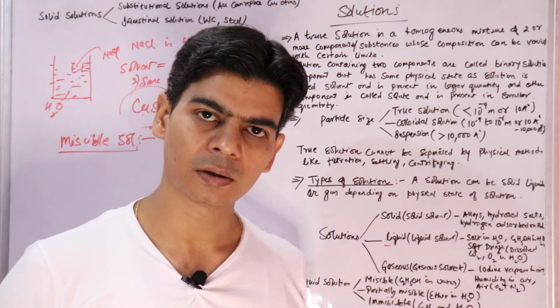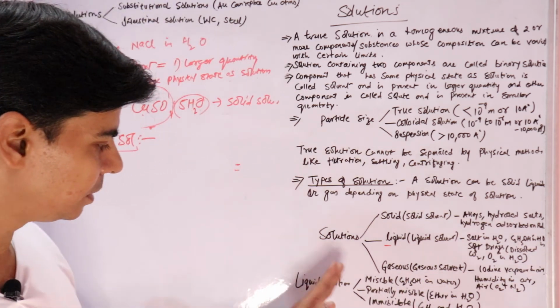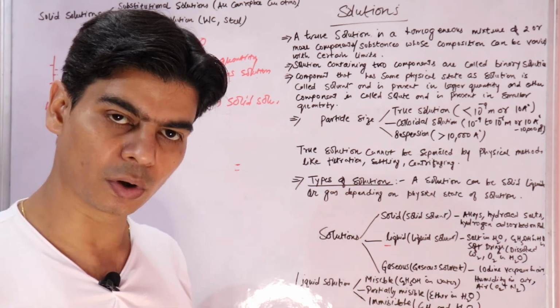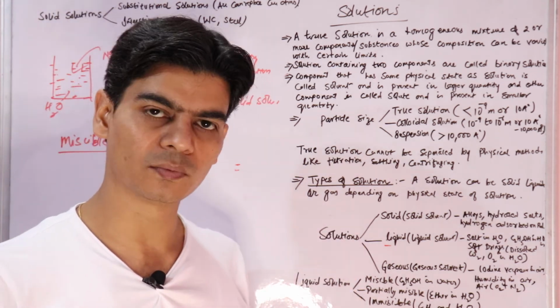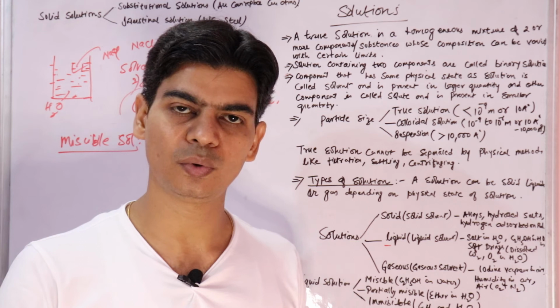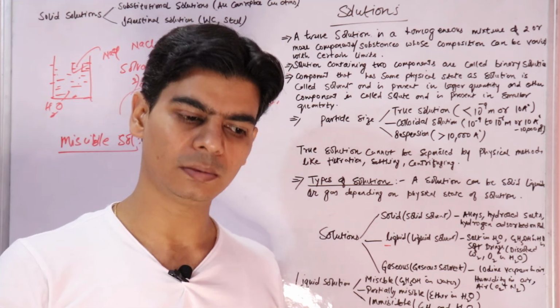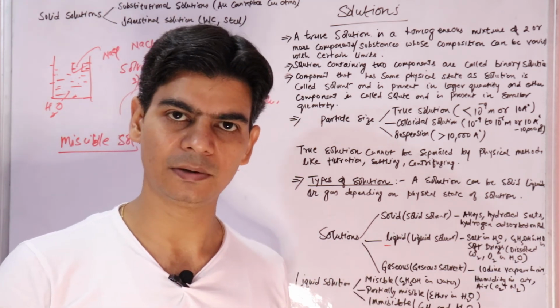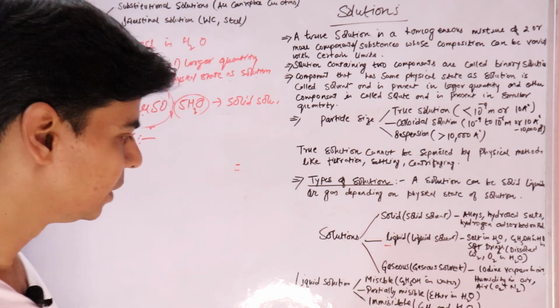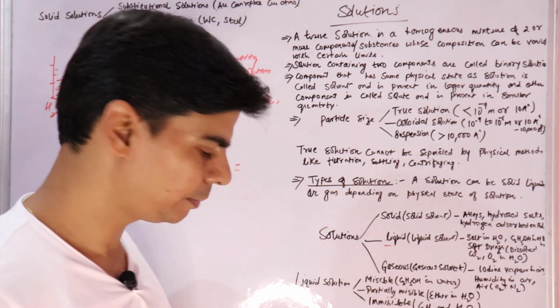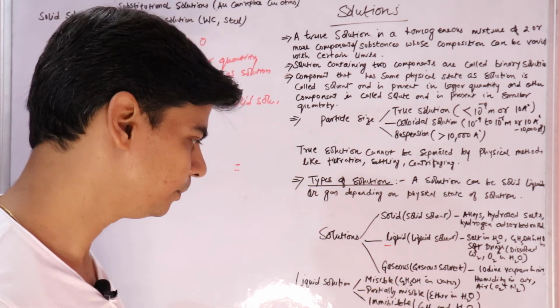Both are polar, so it will form a miscible solution. If you add ethanol to water, it completely mixes and forms a homogeneous mixture. So ethanol in water is an example of a miscible liquid solution, right?